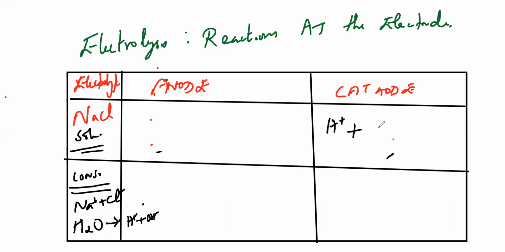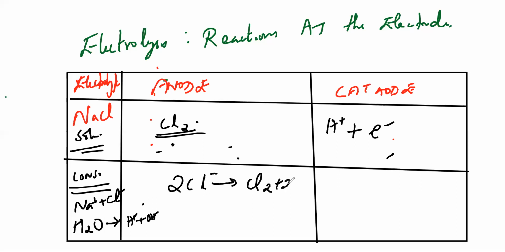The anode actually gives away electrons. If chlorine is formed here, Cl2, so 2Cl minus will give Cl2 plus 2e minus.